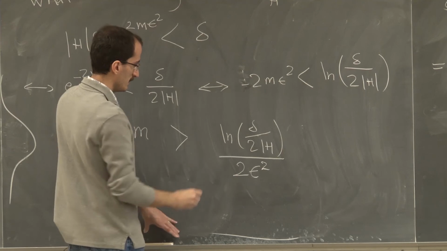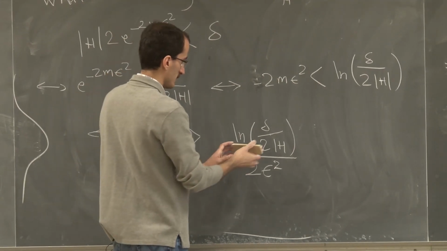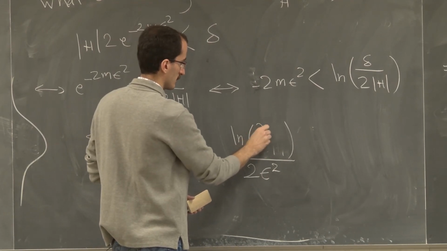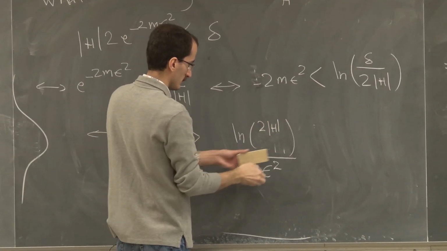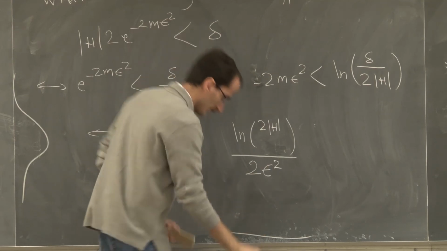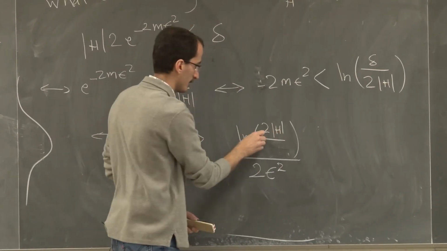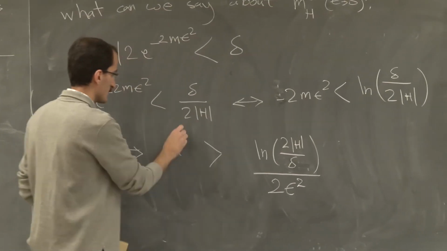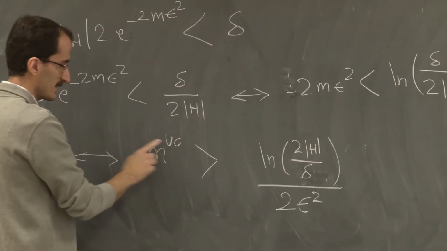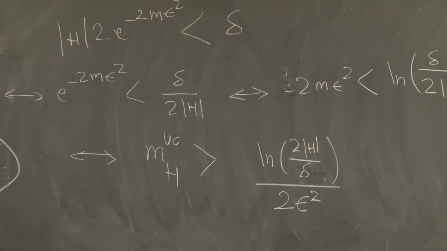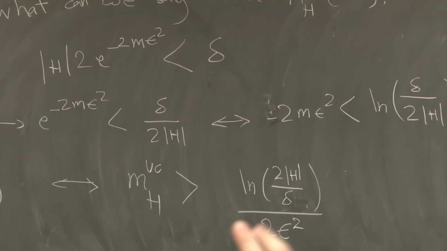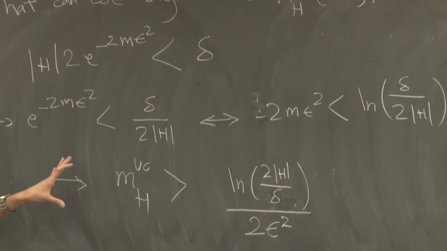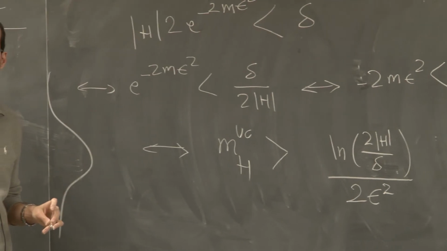There is a negative here, so instead of the negative, we can rearrange this. So that's basically the sample complexity of uniform convergence. We are quite there. We bounded the sample complexity of uniform convergence.